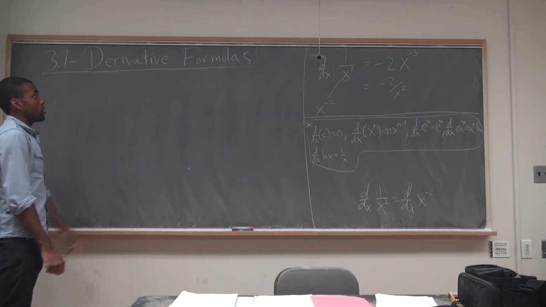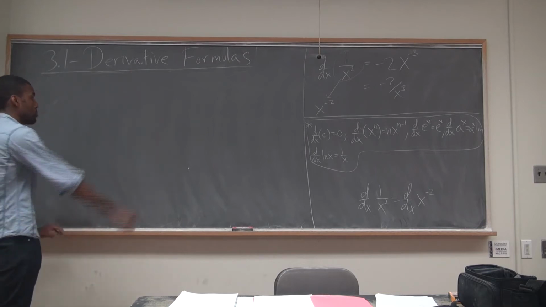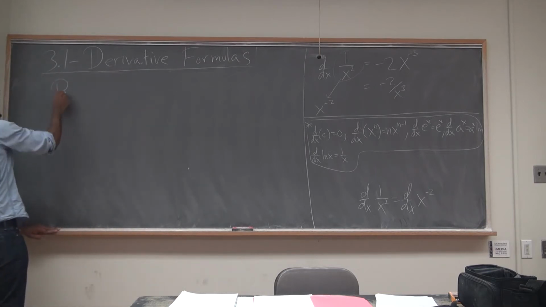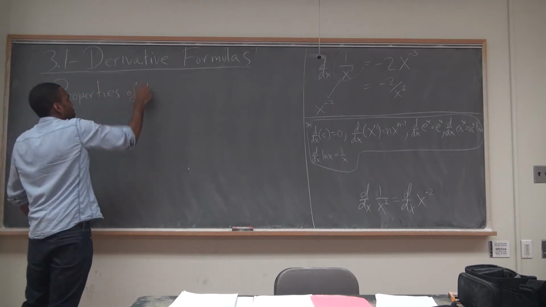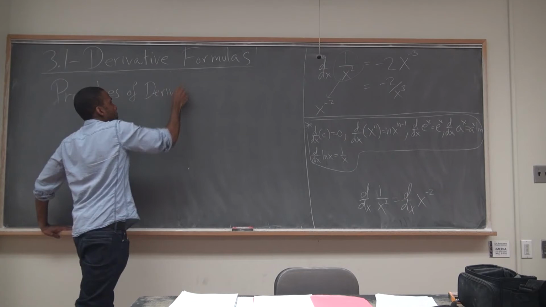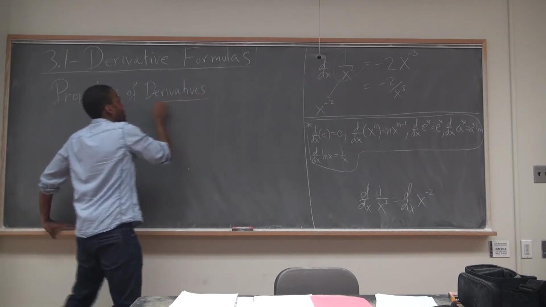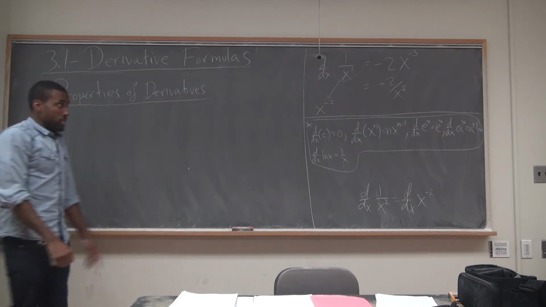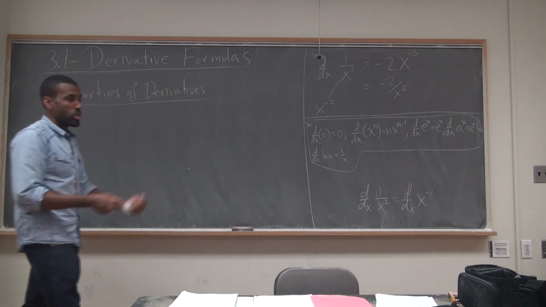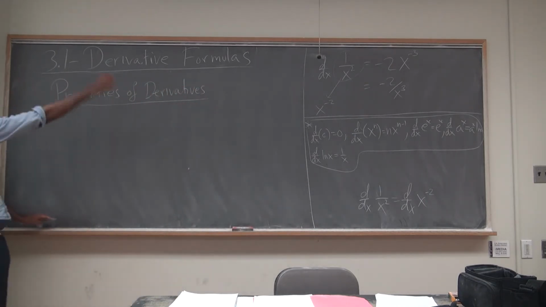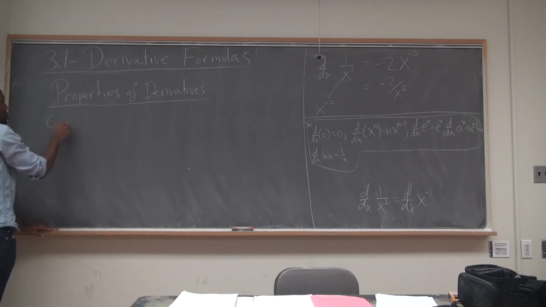Here we're just noting some basic formulas. There are also some properties that are very important. Basically these properties arise from the fact that derivatives are limits. So anything we can do with limits, we can do with derivatives. For example, there's the constant factor property.